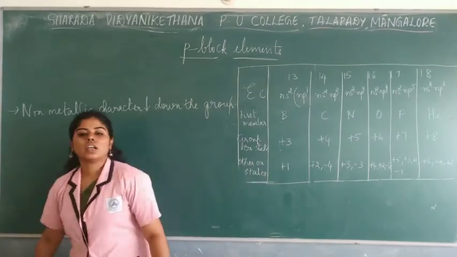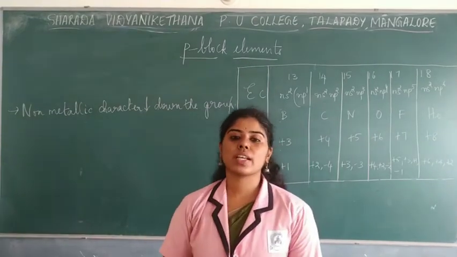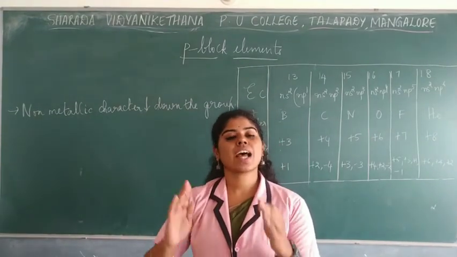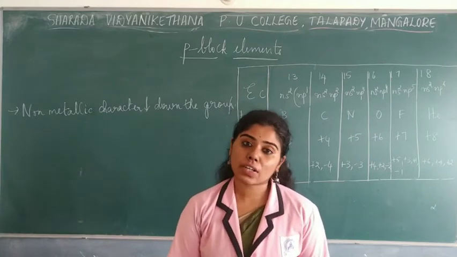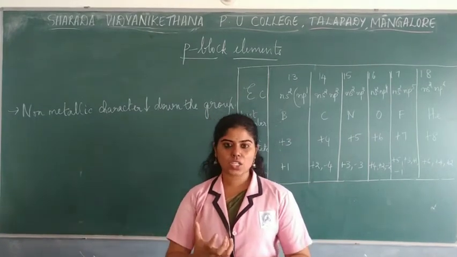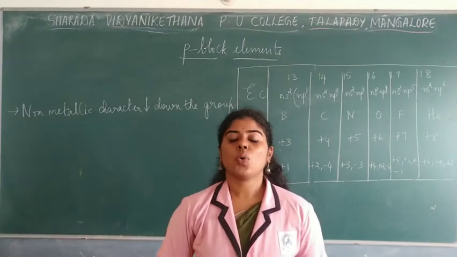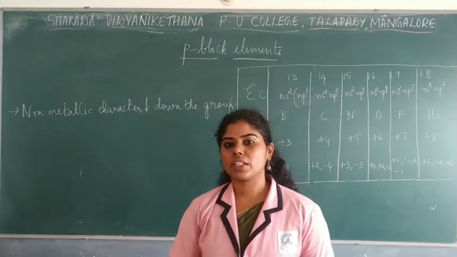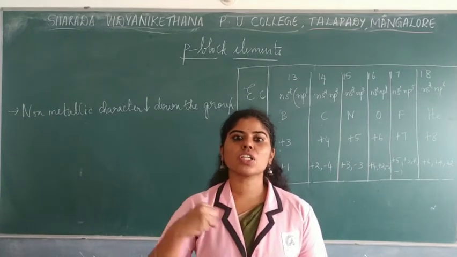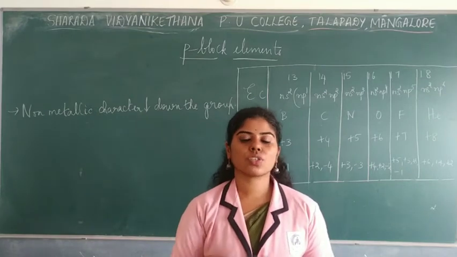And also usually these p block elements will have high values of ionization enthalpy as well as high values of electronegativity. Now what do you mean by ionization enthalpy? It is nothing but the energy which is required to remove an electron from the outermost shell, which means for all of these non-metals it is difficult for us to remove the outermost electron, right? So it requires more energy. So what happens?